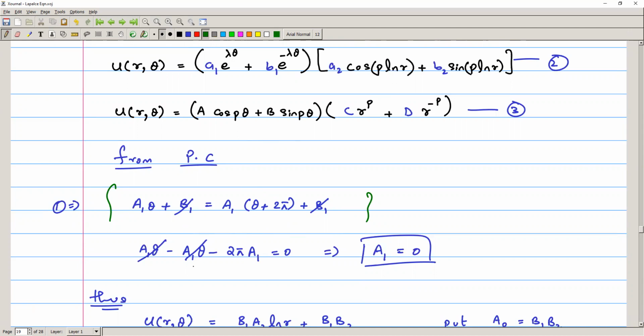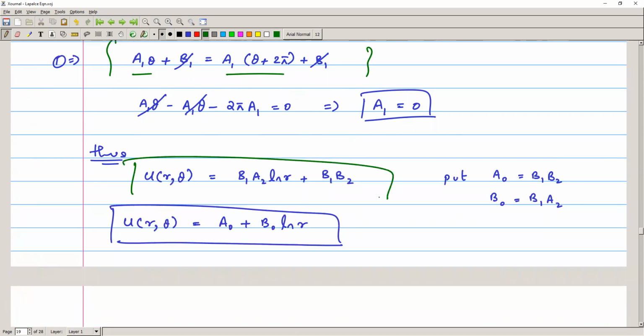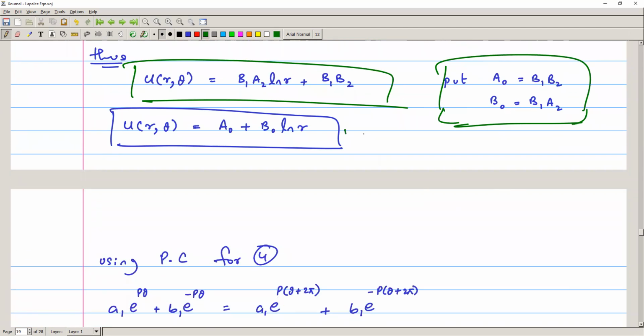So b1 cancels out, which implies that a1 is equal to 0, because this is a1 theta, and this is a1 theta plus 2 a1 pi, right? So again, a1 is equal to 0. So the solution is now equal to this one, and we can simplify the constants in this manner: it's a naught plus b naught ln r.